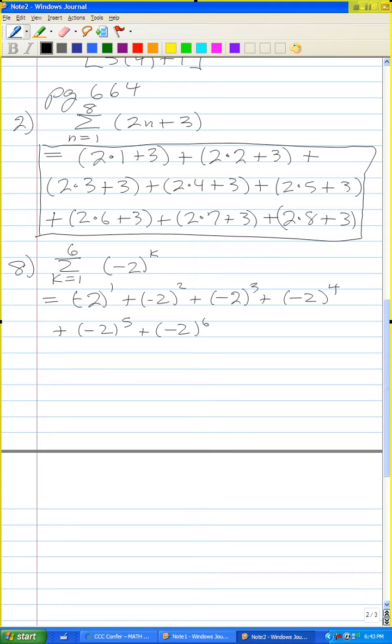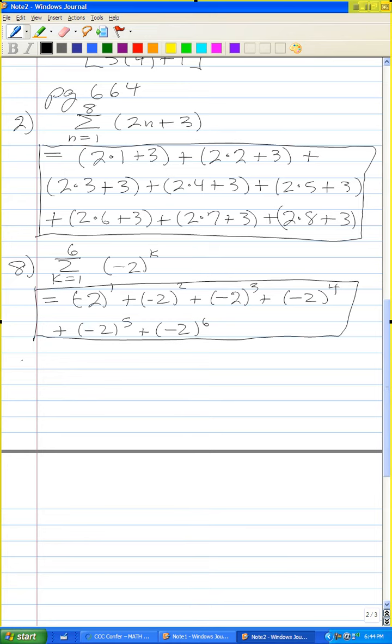Now that I've reached 6, I'm done. And so the sum, k equaling 1 to 6 of negative 2 to the k, just means this sum.